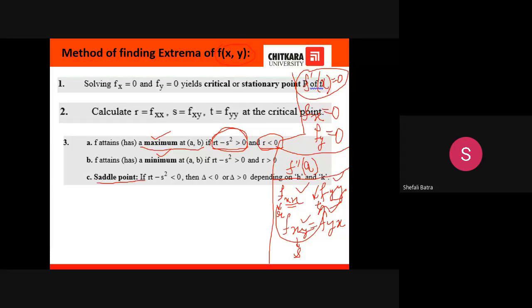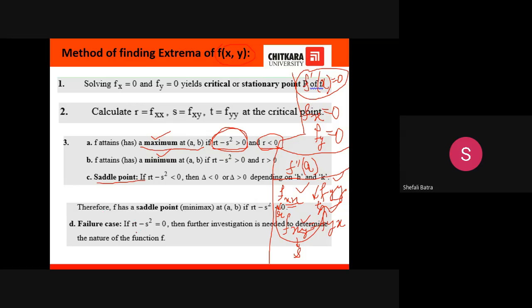If it is greater than 0, then only you will check whether it will be maximum or minimum. That depends upon the sign of R. If it is negative, less than 0, then the function will have a maximum. The opposite: if it is greater than 0, then it would be a minimum, right? And if RT minus S square is less than 0, it is a saddle point, neither maximum nor minimum.